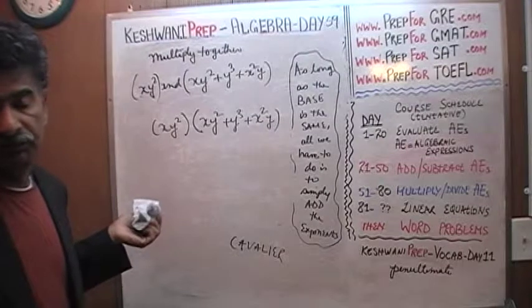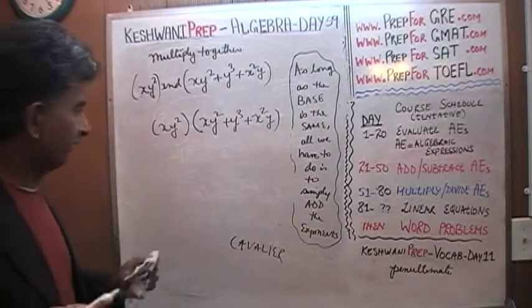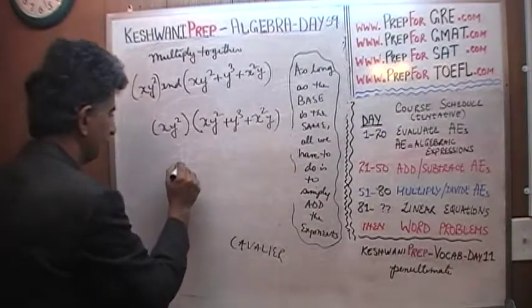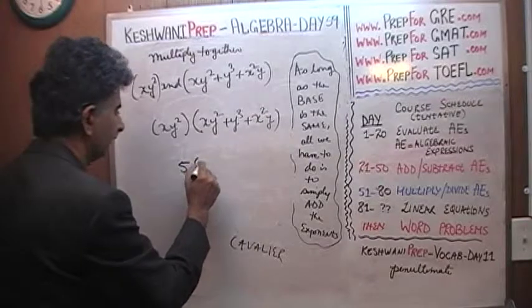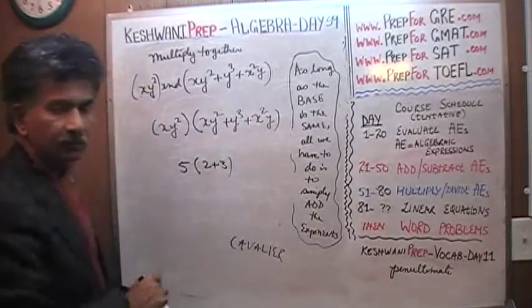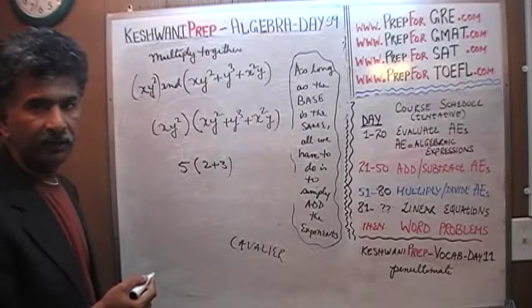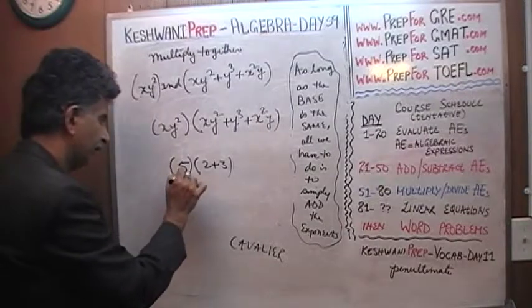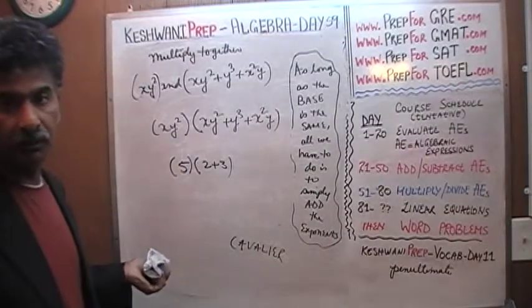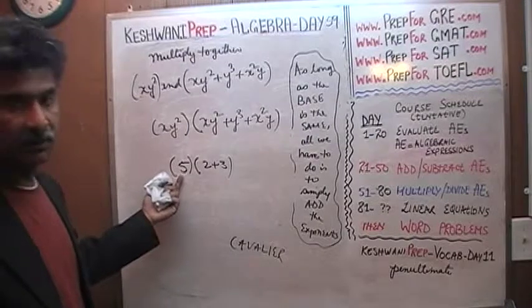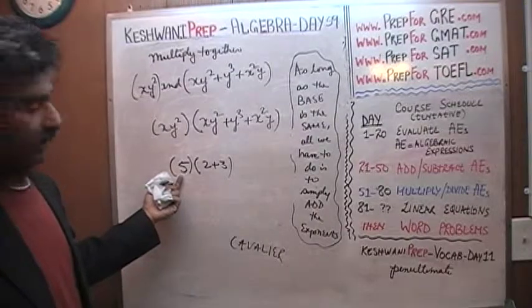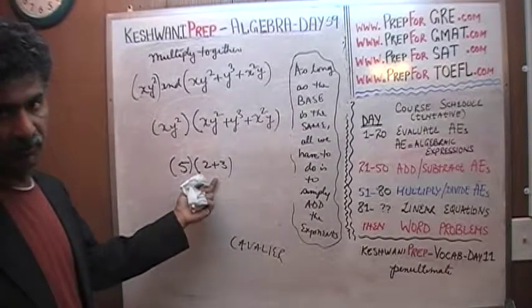Because the parentheses have no meaning. It's purely for convenience. For example, if I tell you 5 times 2 plus 3. Well, that's 5 times 2 plus 3. Now if I put parentheses around this 5, does it change anything? Of course not. It just makes it easier to see that this 5 is right there by itself, and that is being multiplied by what is in the second parentheses.